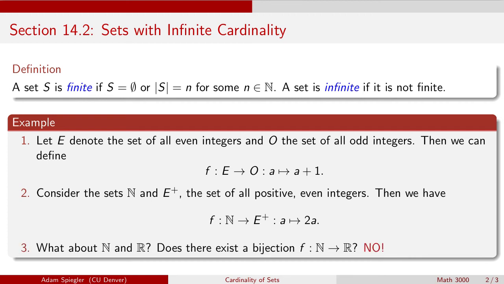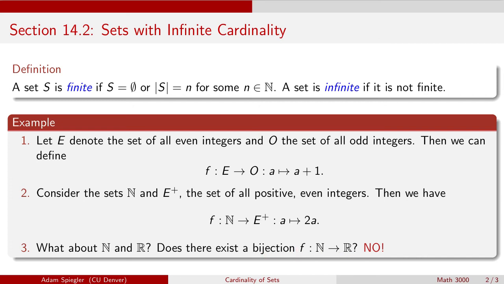And one last example that we will explore more in class is, well, you could also think, what about the natural numbers and the real numbers? The natural numbers are a subset of the real numbers. They both have an infinite number of elements in these sets. So can we come up with a bijection from N into R? And the answer is that there does not exist a bijection.